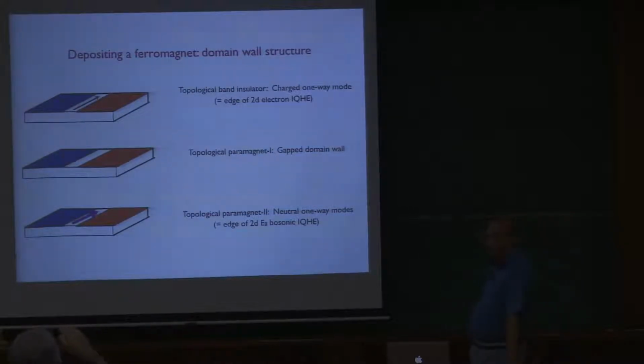When you say deposit a ferromagnet, do you just mean turn on a magnetic field that is coupled to the surface? Right, you could do that, but these are practical matters. Since you want to create a domain wall, and it's very hard to reverse the orientation of the field just at the surface of a tiny sample, what you really imagine doing is to have a ferromagnet, and then the orientation of the magnetization is, just for historical reasons, such that the ferromagnet formed with the domain wall nucleated.